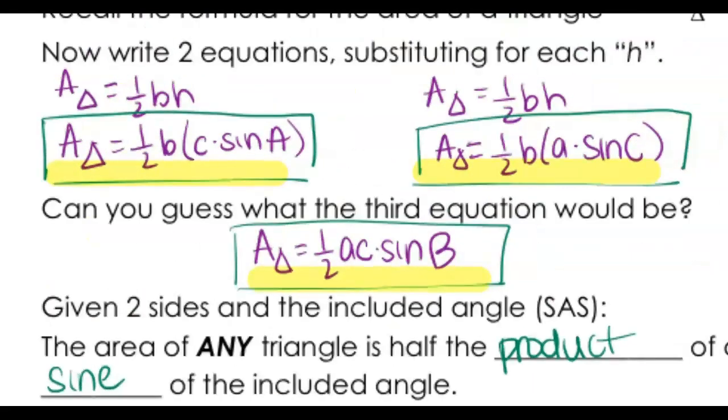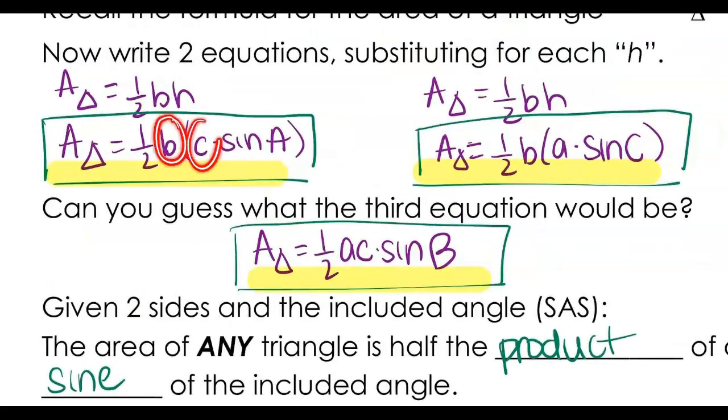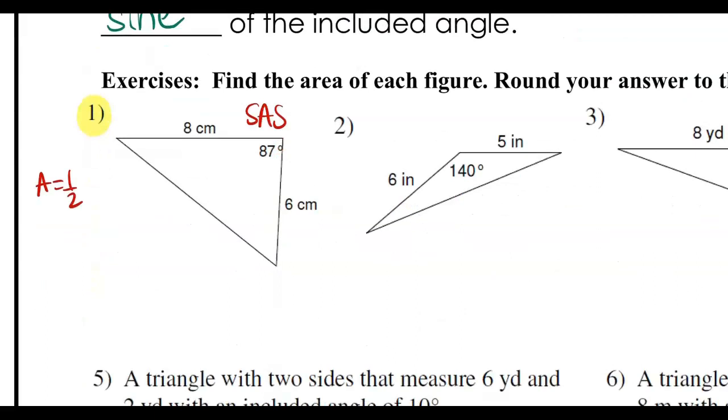Those are just two sides. So all of these, B, C, A, that I'm circling, are all sides of your triangle. The big A, big B, and big C are all angles of your triangle. So all we're going to do is take half of both of your sides of your triangle, and multiply it by sine of 87 in this case.